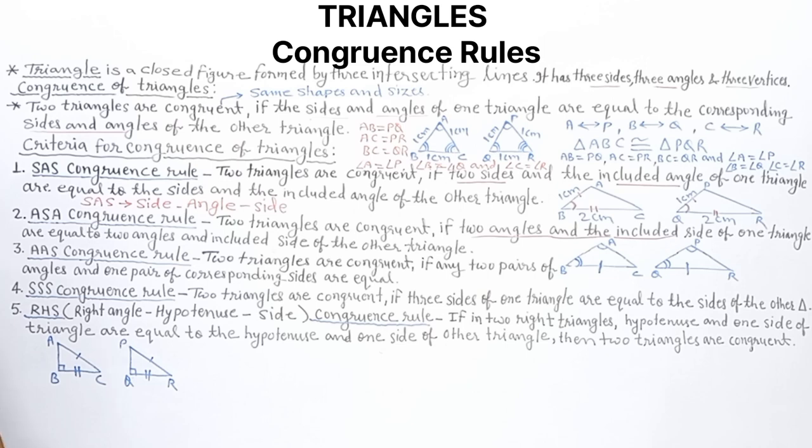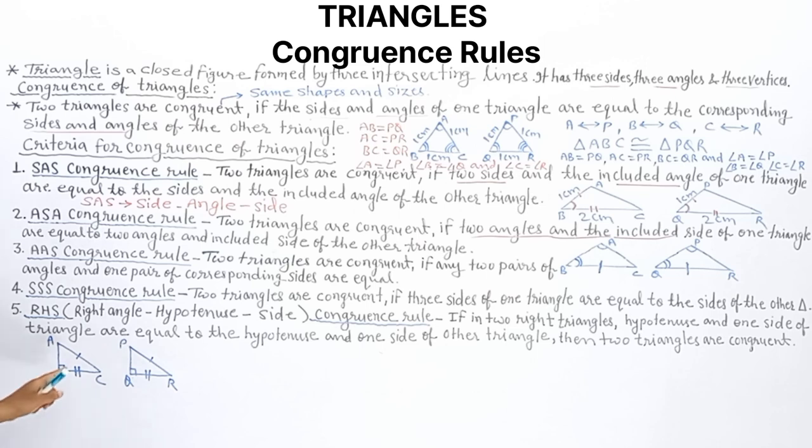The RHS congruence rule: we consider two right triangles, and then the hypotenuse and hypotenuse are equal. RHS means in right triangles, the hypotenuse and one side of the two triangles are equal. This is the right triangle ABC, this is the right triangle PQR.